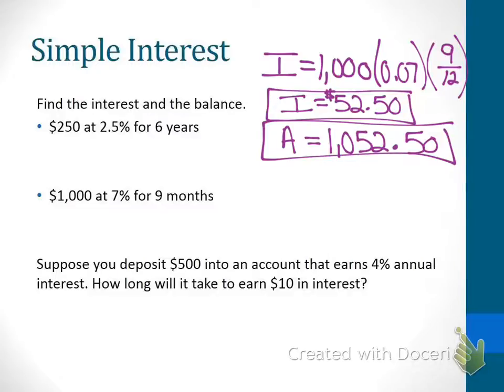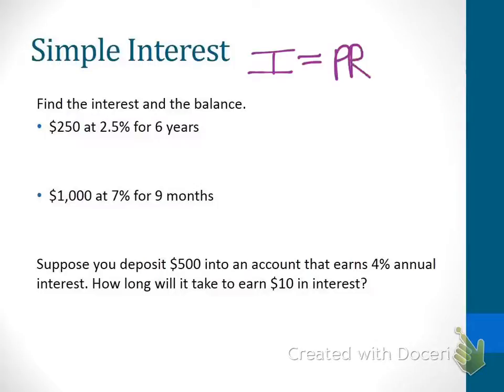What are you solving for on the third problem? The time. How long will it take? I don't know time. Plug in the numbers into your formula. What do we plug in for interest? 10. What do we plug in for principal? 500.